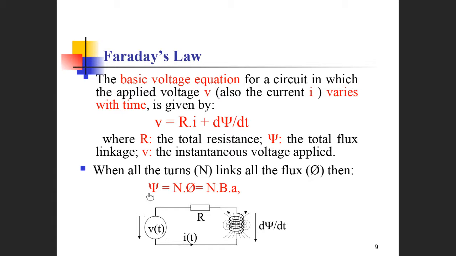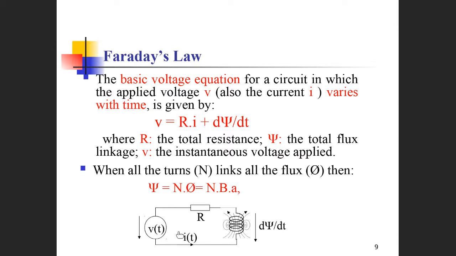And the previous slide showed that when this flux changes with time, there is a voltage generated here. This voltage is always against this voltage. So the current generated here is against this voltage.